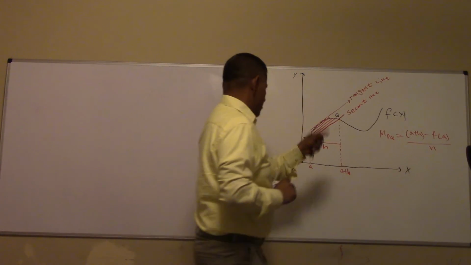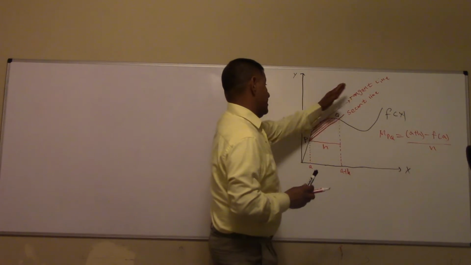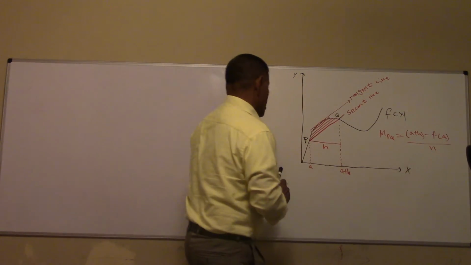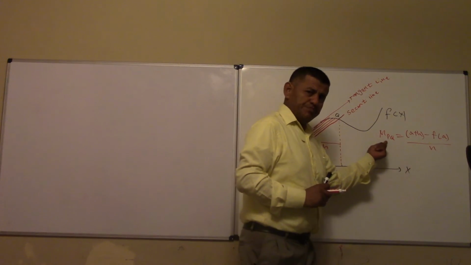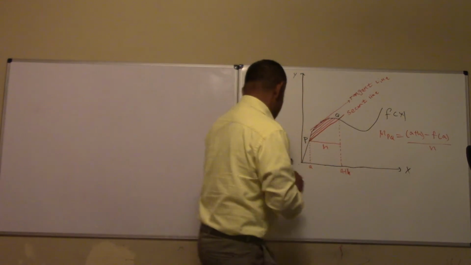And that is the formula for this tangent line, right? Which is basically the slope. That's why we call it M.